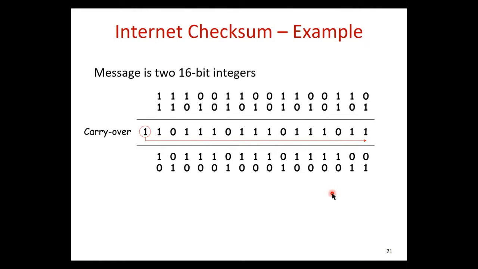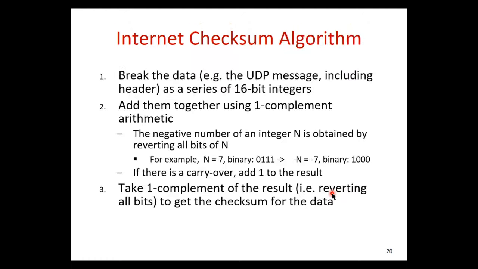Okay, so now let's get back to my earlier question. How can we differentiate the case where the sender does not want to calculate the checksum from the case where the checksum is all zeros? The idea here is based on the one complement arithmetic.